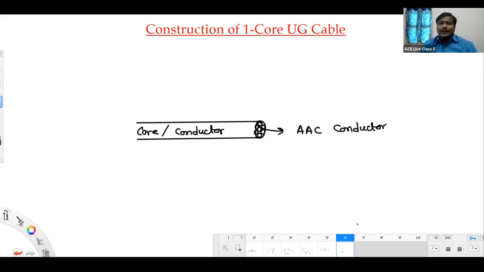Then on the surface of this AAC conductor, we are going to keep the insulation. I am showing the insulation layer like this.